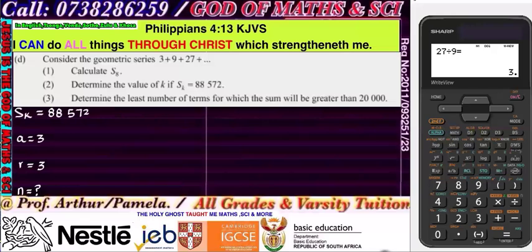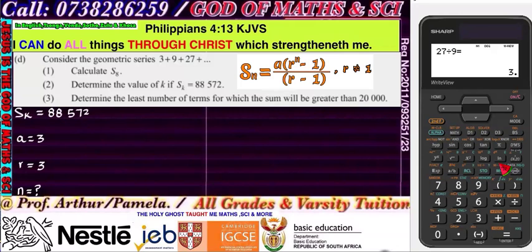So using our formula, which we already know, let me bring it here. So this is the formula, and we're going to do the substitution.